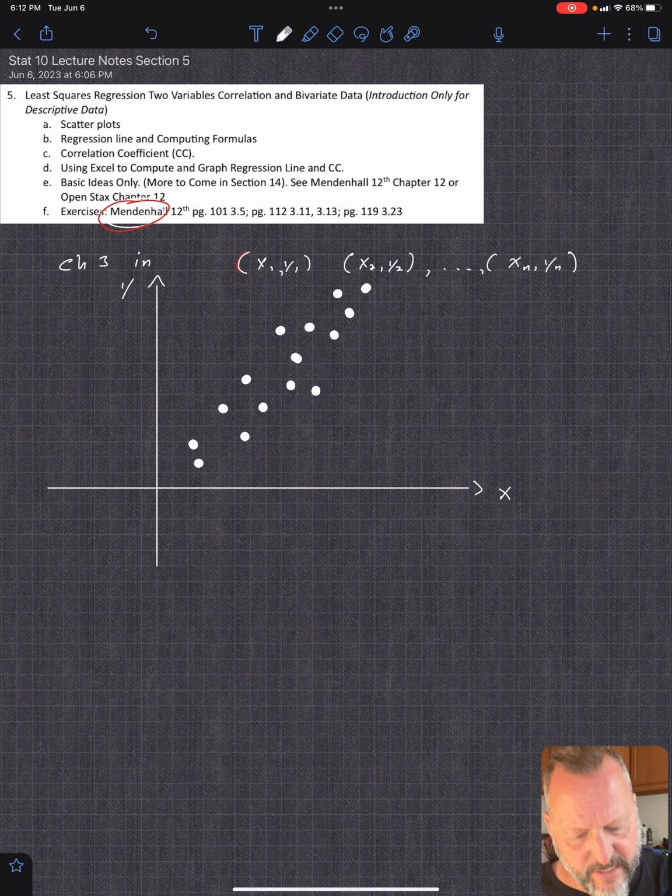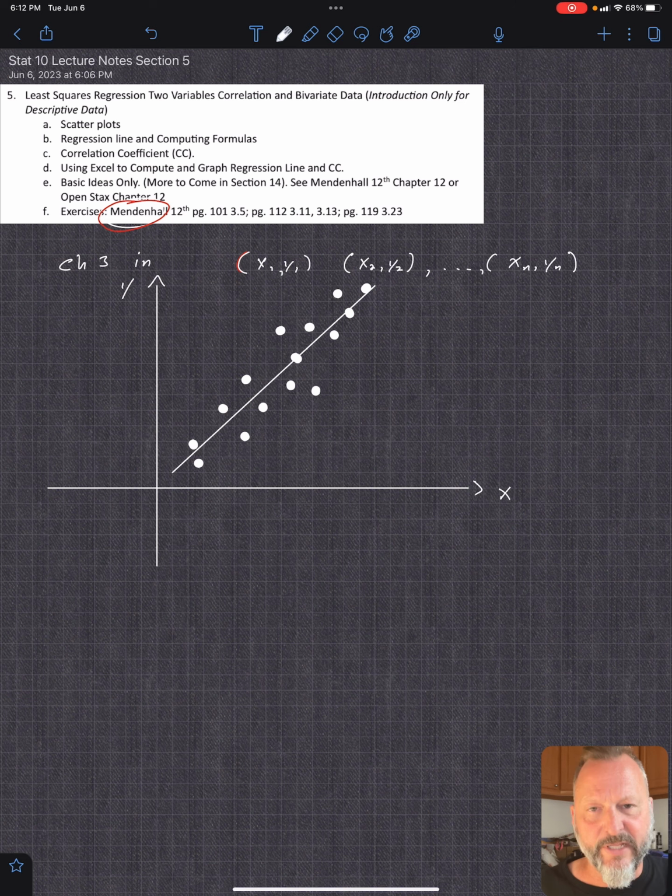Then you can get a line that basically goes through those, and that line is kind of like the average of all the points. If you can show that, then you say that there's some sort of correlation between the data points. So we need to know a little bit about the graph, a little bit about the line in general. So I'll do a brief review of that and what that looks like.